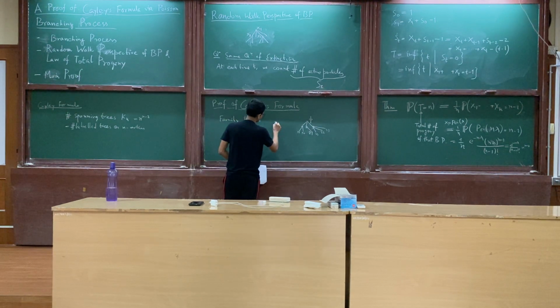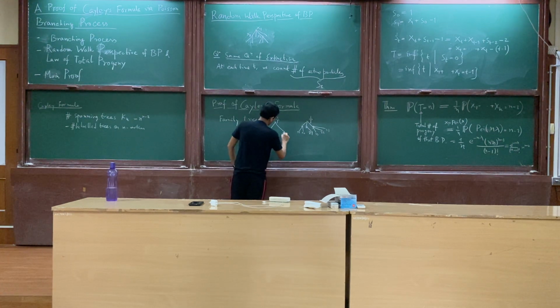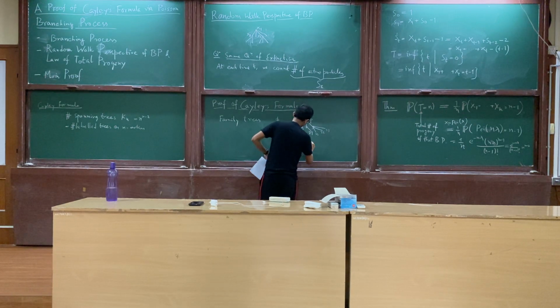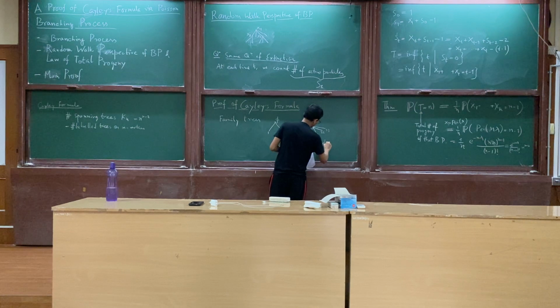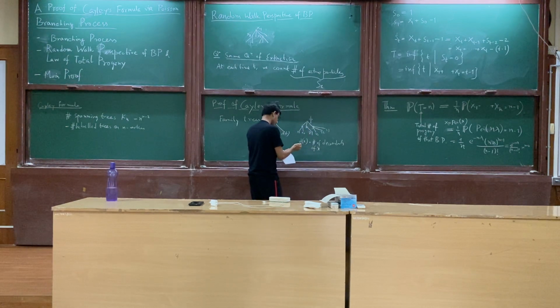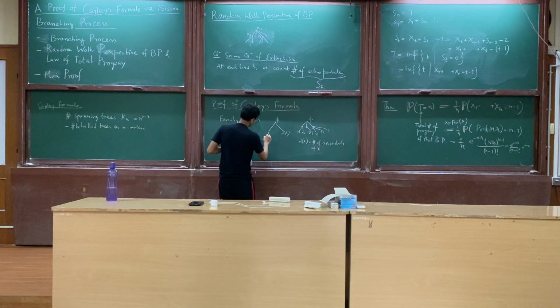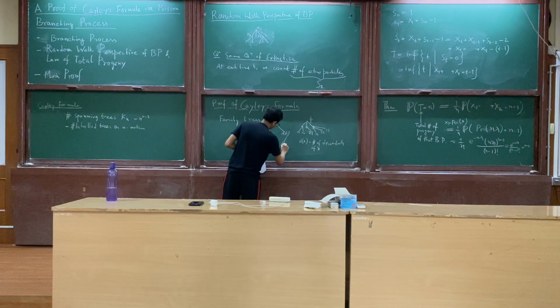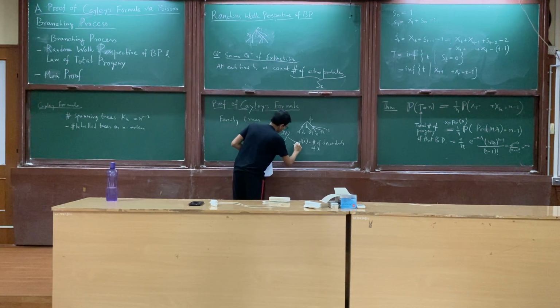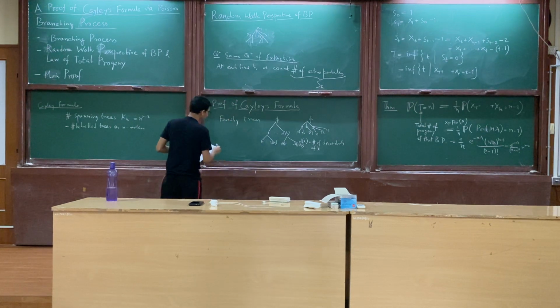So in general, we label the root as phi, then take its descendants as 1 to d of phi, where d of x equals the number of descendants of x, and their descendants as 1 1 up to 1 d of 1, and so on.